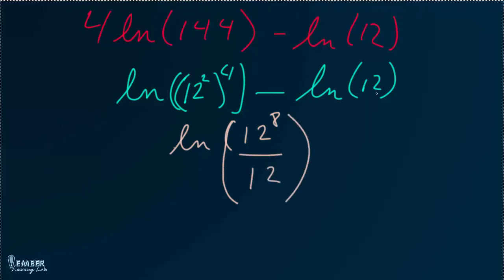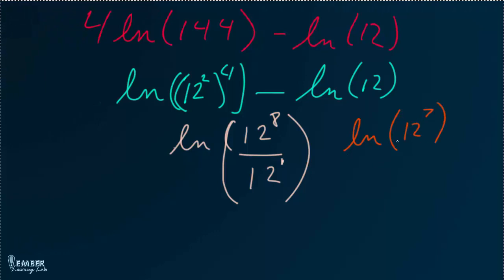That's this one over that one, because 2 times 4 is 8, right? If we use exponent rules and subtract the exponents, we subtract 8 minus 1, and we end up with the natural log of 12 to the 7th.